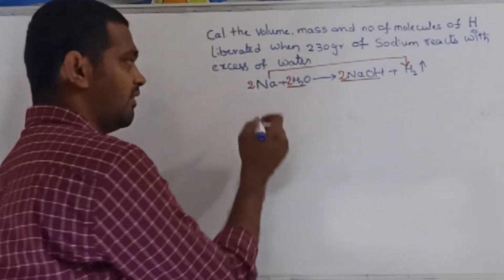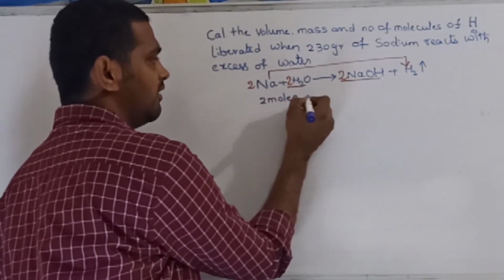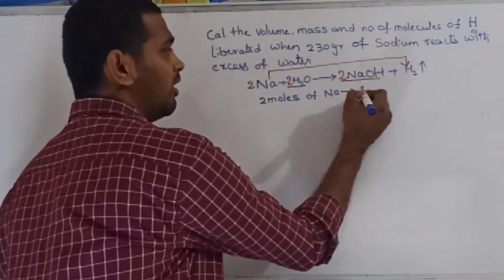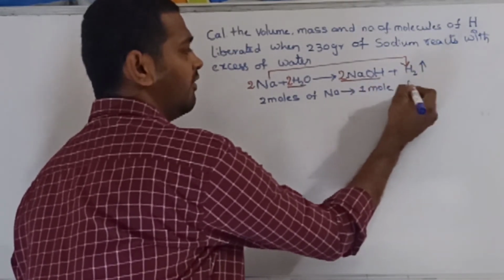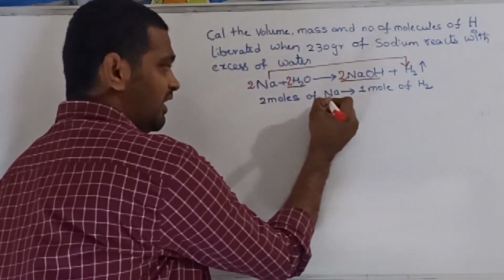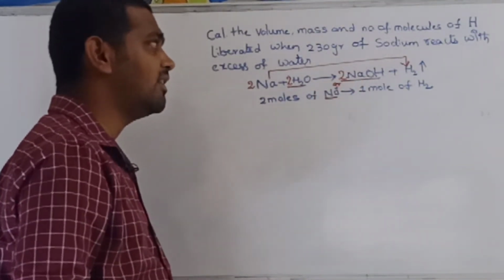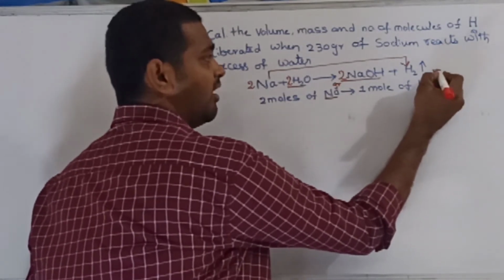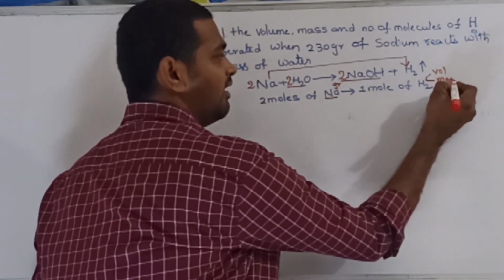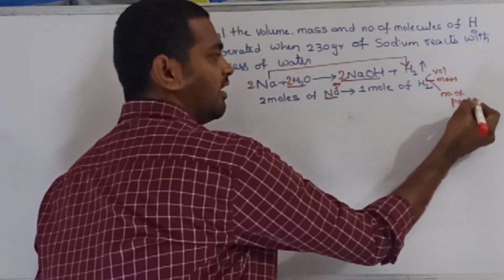From the balanced chemical equation, it is clear that 2 moles of sodium is producing 1 mole of hydrogen gas. In the question he had given sodium in terms of grams, and we need to calculate the hydrogen in terms of liters, that is volume equivalence, in terms of mass, and in terms of number of particles.